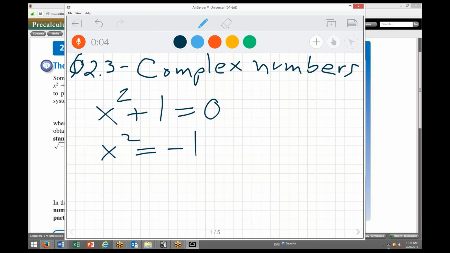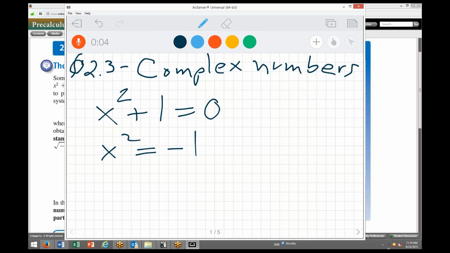And so it's quickly discernible that if you take any negative real number and multiply it times itself, you still get a positive number. So it's impossible to find any real number which, when multiplied times itself, will give us a negative number. It's not difficult to find, it's impossible.